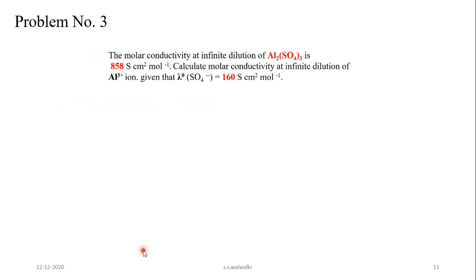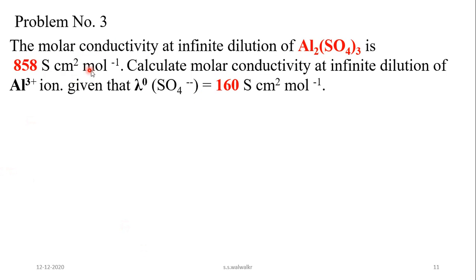Now see here, problem number 3. Molar conductivity at infinite dilution of Al2(SO4)3 is 858 Siemens centimeter square mole inverse. Calculate molar conductivity at infinite dilution of aluminium ion. What is given? Molar conductivity of SO4 ion is given, and that is equal to 160 Siemens centimeter square mole inverse.